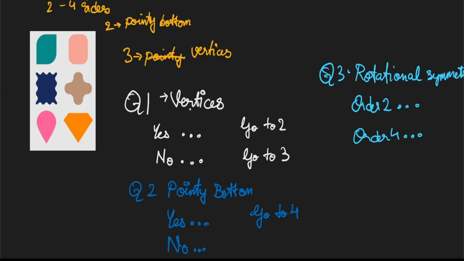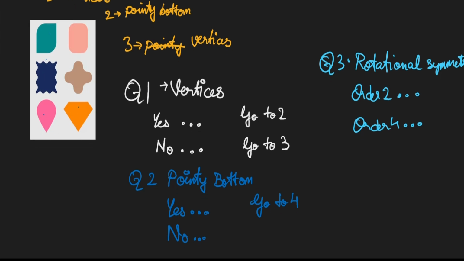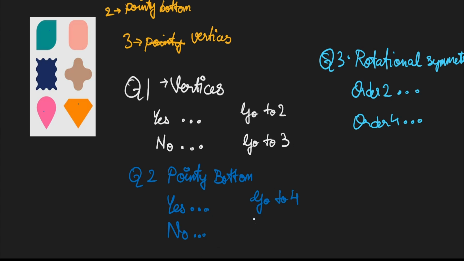So if it has a vertex, which 1, 2, and 3 do, and if it does have a pointy bottom, which 1 and 2 do, this is left, right? So actually our first classification would have been here. I'm going to call the shapes A, B, C, D, E, and F. Right, so no is going to be A. My apologies.